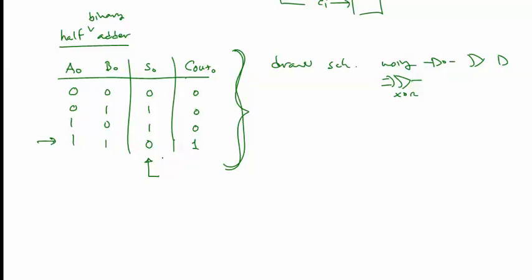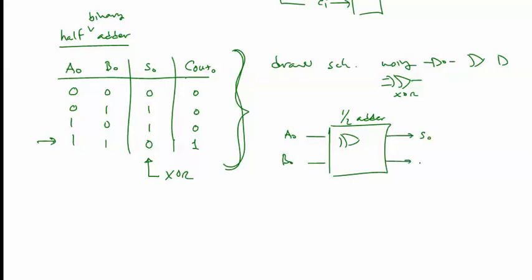It's true only if A0 or B0 is true, but not both. So this is really just an exclusive OR. Okay, so it's very simple. You'll draw a block of a half adder, put your gates in here, whatever you have, and there will be 2 inputs, A0, B0, and you'll have a sum that comes out, and you'll have a carry. Right? That's a half adder.